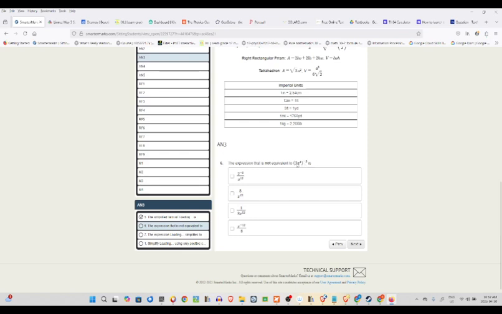Well, 2 to the -3 is going to be the same as 1 over 8. X to the -12 is going to be 1 over x to the 12. So the 8 has to be in the denominator here. X to the 2 to the negative 3 makes it an 8 or a 2 cubed in our denominator. So B is ruled out because 8 is in the wrong spot.